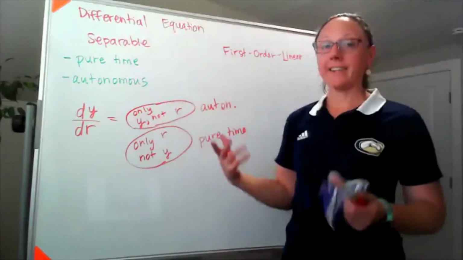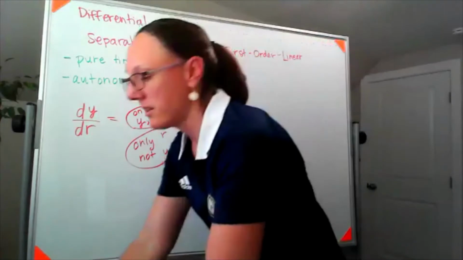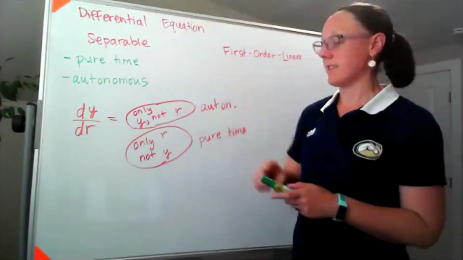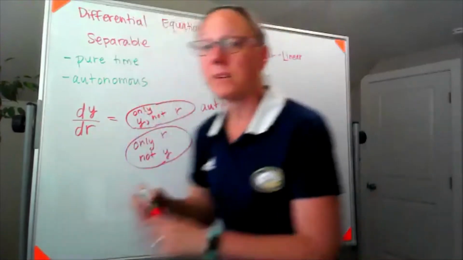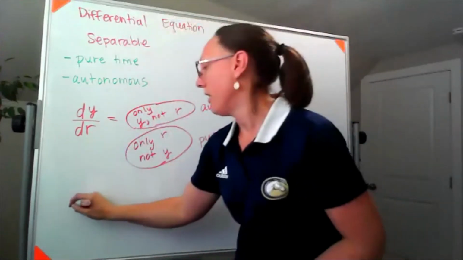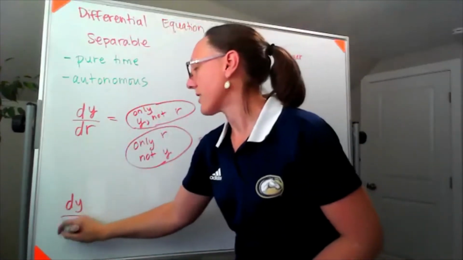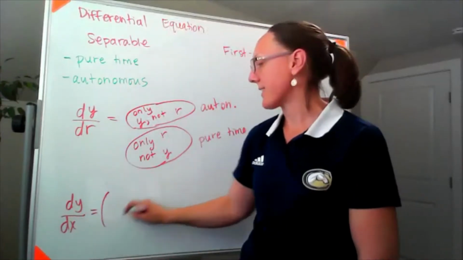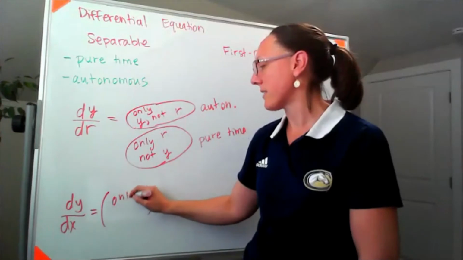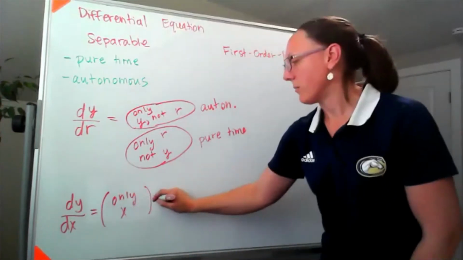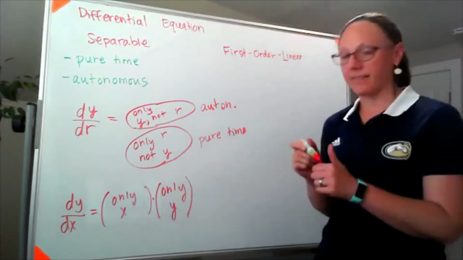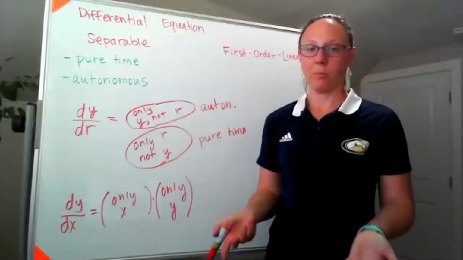There are other kinds of separable differential equations. So if it's not pure time or autonomous, it might still be separable if this can be written, and I'm just going to make it a dy/dx for a second, as something with only x times something with only y. And again, this applies regardless of what the variables are.